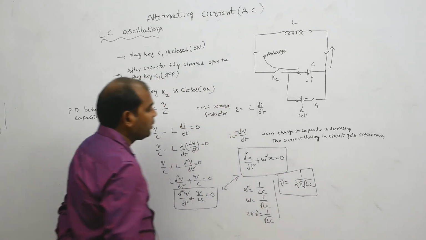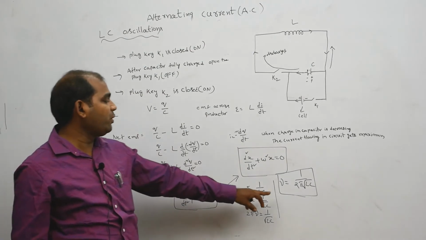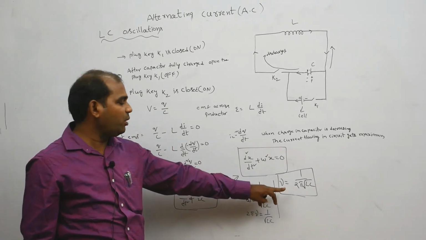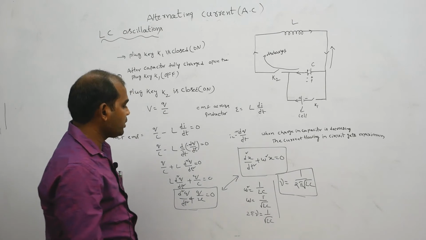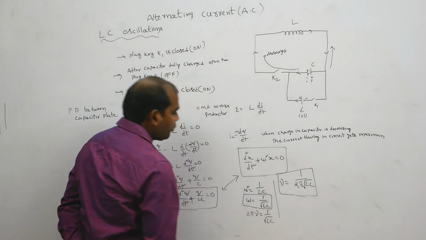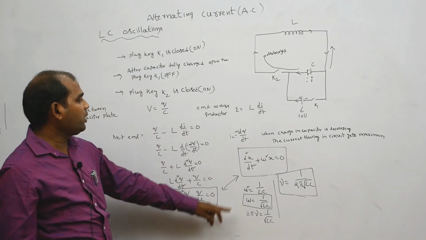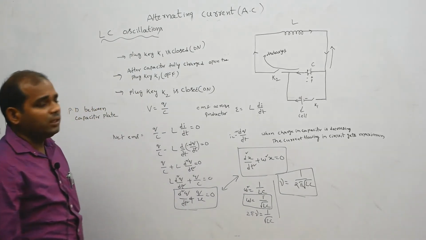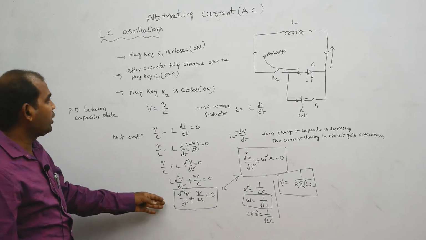This is the frequency of LC oscillations formula, and the angular frequency is 1 by root over LC.